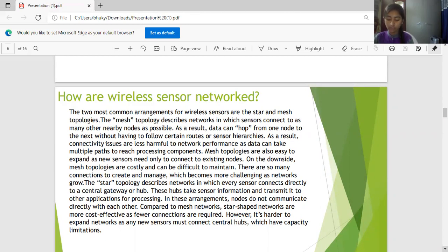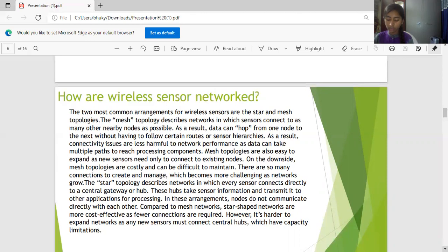The mesh topology describes networks in which sensors connect to as many other nearby nodes as possible. As a result, there will be fewer connectivity issues and less harm to network performance, as data can take multiple paths to reach processing components.